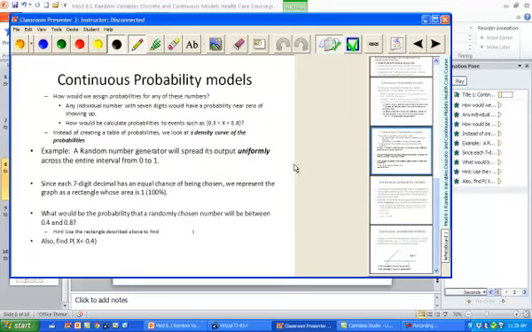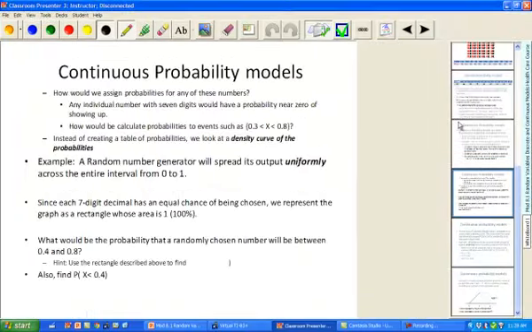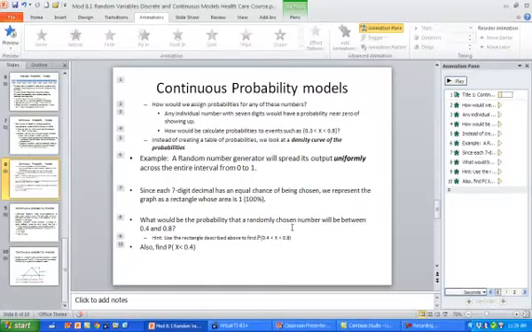All right. So what we'll do here is create a number line. Let me go back to the slide here.